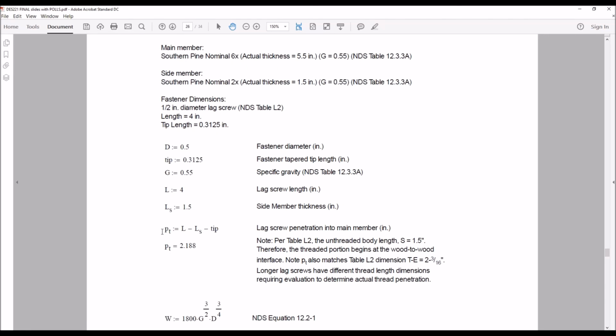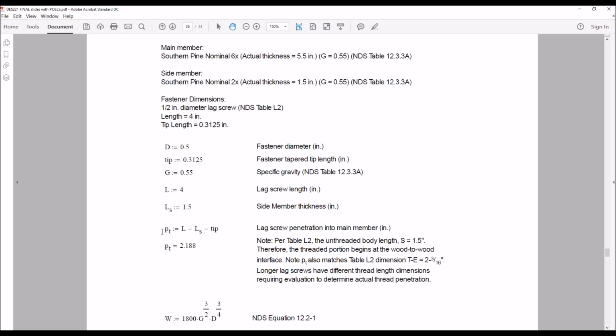How much of the tip you use depends on the type of the fastener and the loading. So you will need to go into the appropriate NDS section for the type of fastener and that load. For lag screws in withdrawal, for example, it's 12.2.1. And when you get into the lateral yield modes, that's going to be in 12.3. It's a very good question, and it's unfortunately not a straightforward answer.